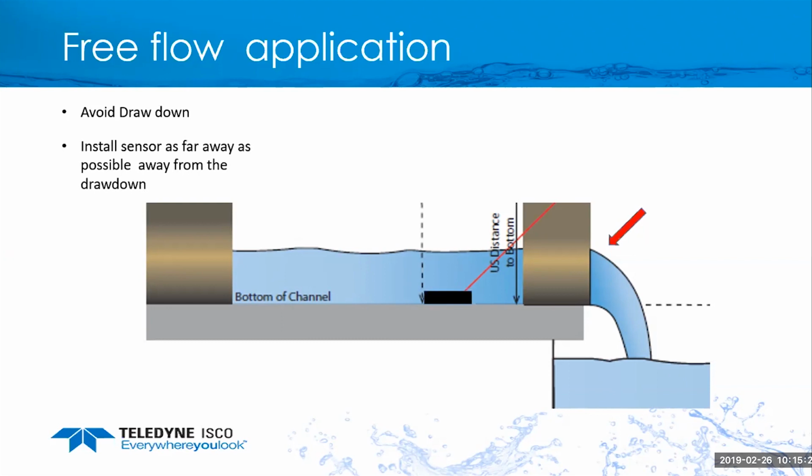So you're going to go, depending on the pipe size, elbow deep, sliding the area velocity sensor into the pipe to avoid the drawdown. The reason you want to avoid that drawdown is it will give you a lower level, which would then calculate a lower area and then give you an overall lower flow rate. So we want to push it as far away from that to avoid that.